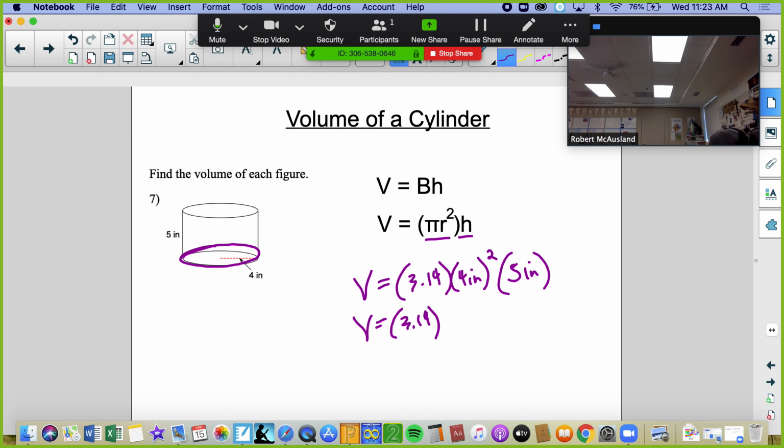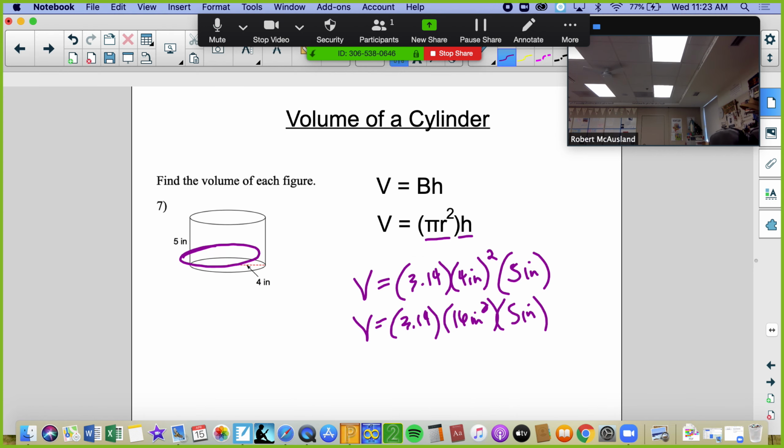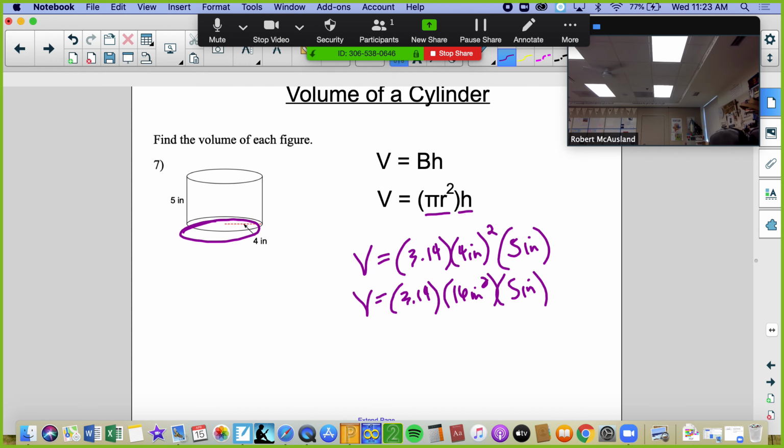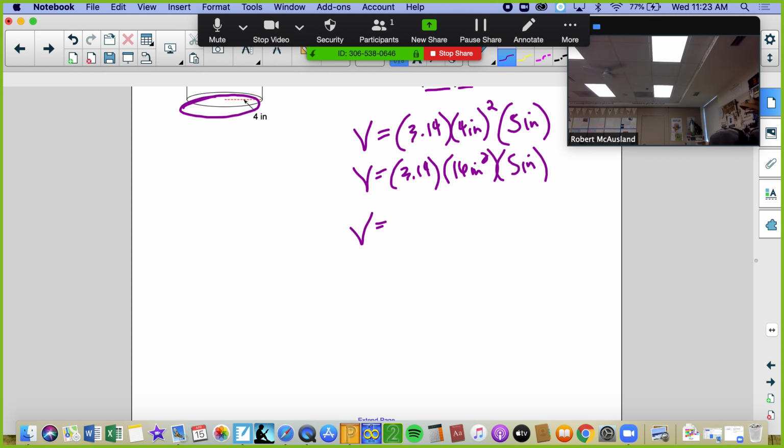3.14, 4 inches squared is 16 inches squared, times 5 inches. So let's take 3.14 times 16, which gives us 50.24 inches squared.